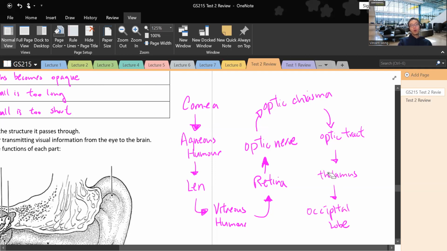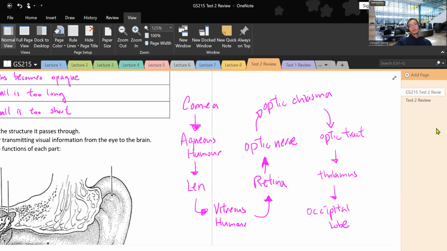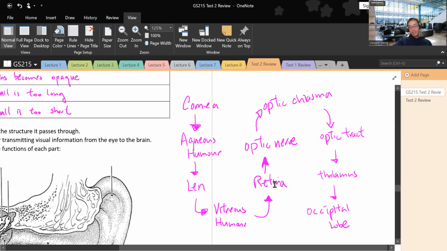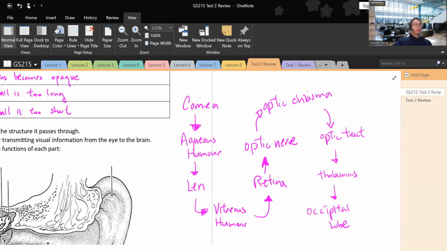Okay, so that's the whole pathway. Of course, the light is converted into action potential at the retina, where the cone cells and rod cells are, and then those electrical signals will continue to travel towards the brain.